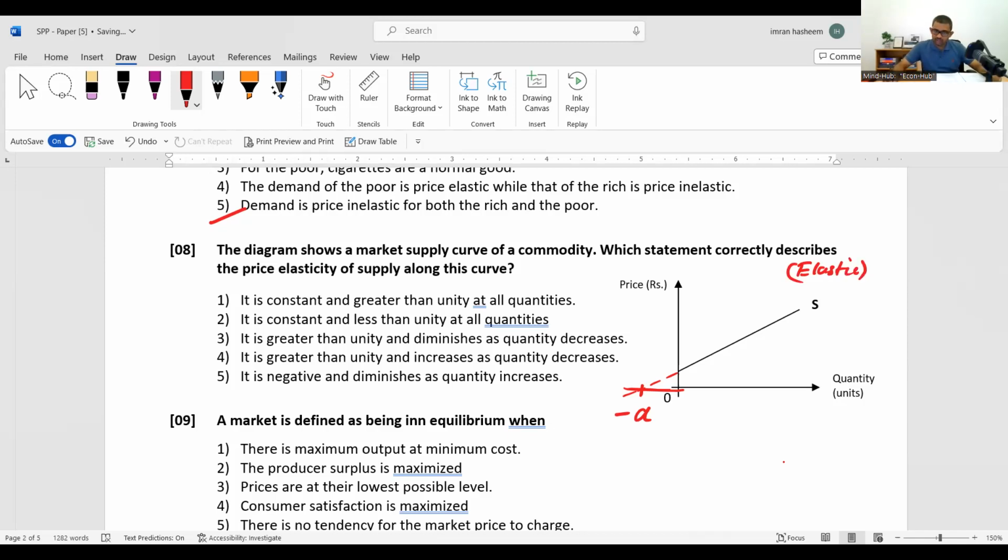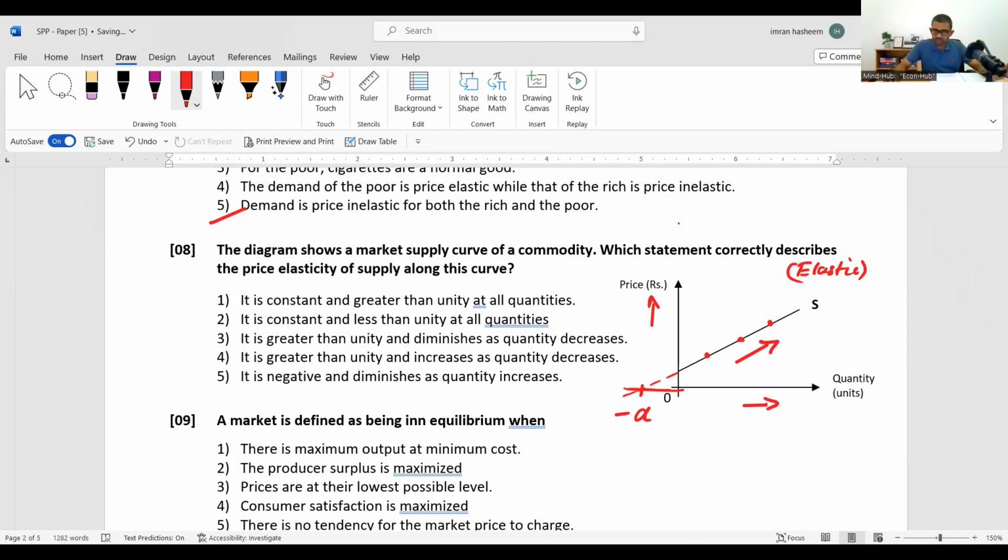Especially when we look at price elasticity of supply along the supply curve, what do we know? The knowledge you have. As price and quantity increase, as you go upwards along the curve, important to say that, upwards along the curve, the PES value, the coefficient, keeps decreasing.